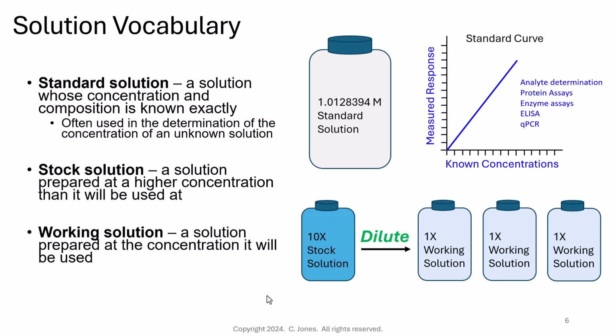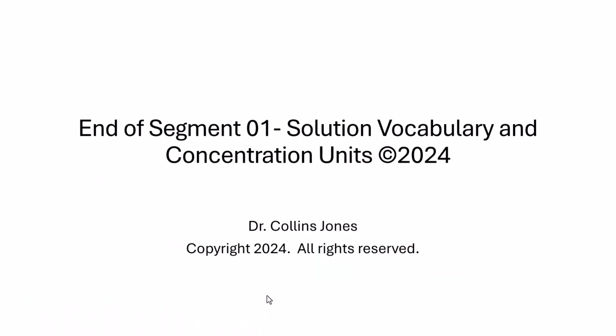So stock solutions are prepared at a high concentration, and they are diluted to make working solutions. And we'll go again through some of these calculations in the upcoming solution lab math segments. Okay? All right. And so that is the end of segment 1.